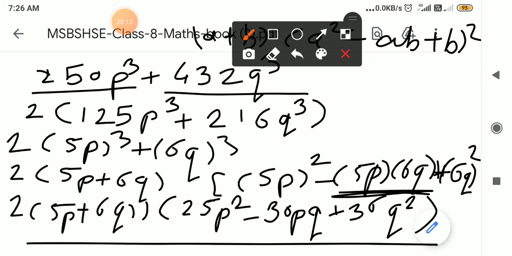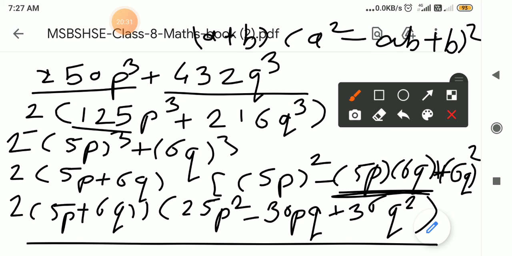So if these two numbers are not the cube of any number, you have to check whether anything is common in them. If it is there, just take it out common outside, you will get a cube number, and then take the cube root and use the factorization that we studied today, that is a cube plus b cube is equal to (a plus b)(a square minus ab plus b square).